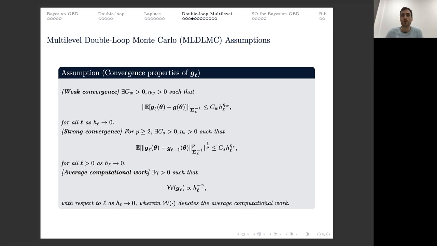For the strong convergence, in a similar fashion, we have the expectation of the norm of the difference between G_L and G_{L-1} to the P, and outside we have the power 1 over P. This strong error should decrease with h_L to the eta_s. And the last assumption, which we already had before, is that the total work is proportional to h to the minus gamma.